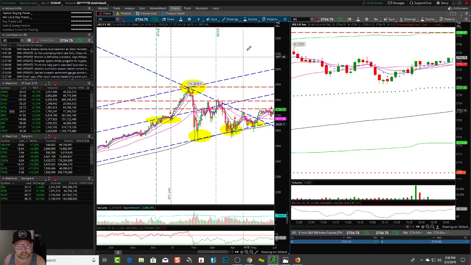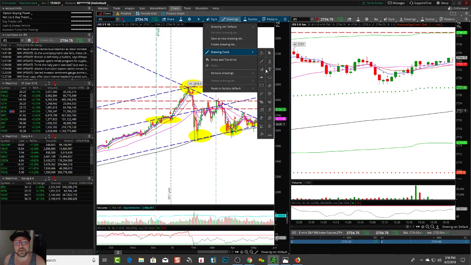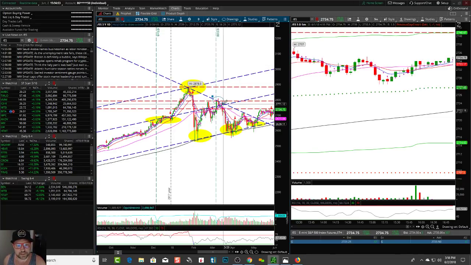You can see there was a peak here. You can zoom in over here, there's a peak here, and then over here it touched. So you can see angular momentum, resistance going down. And you can see there are these triangles. This line coming down and this line going up is a triangle. It was kind of a bearish triangle, and then price broke out over here.